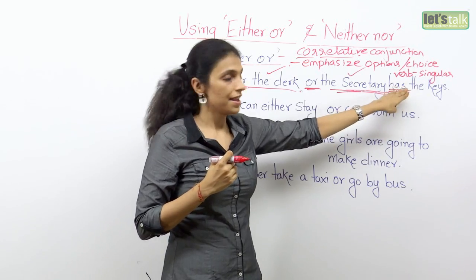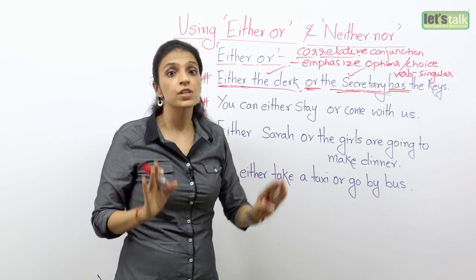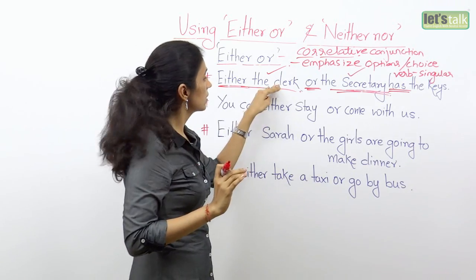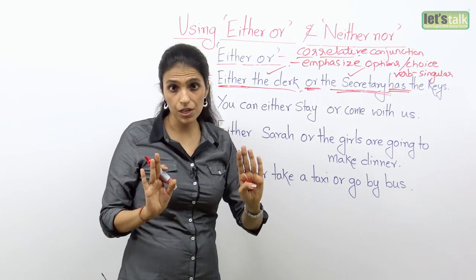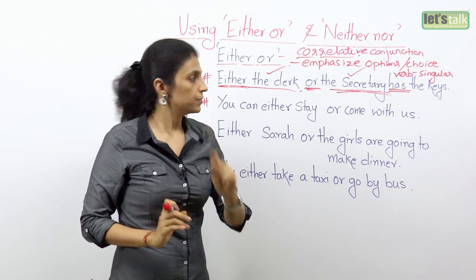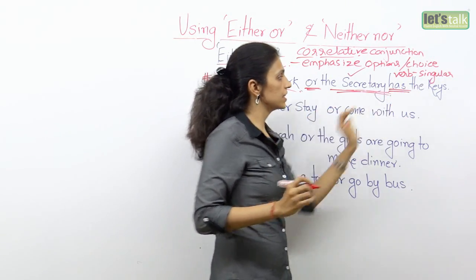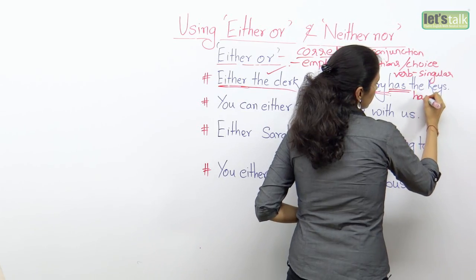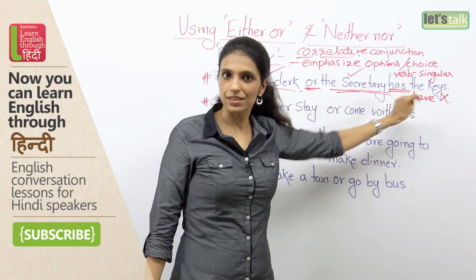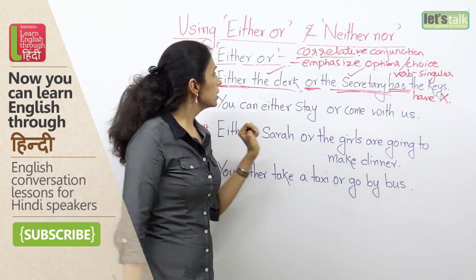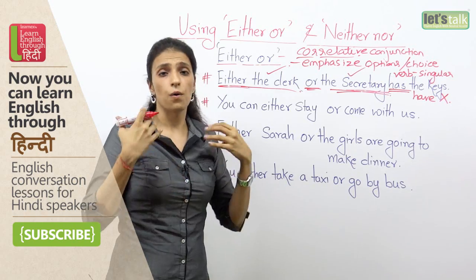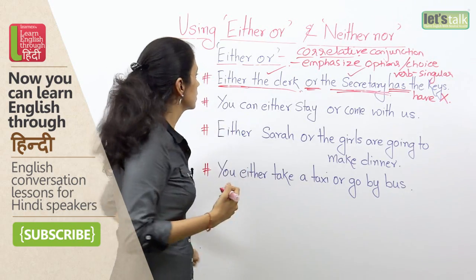So in this case, has. Please remember, do not use have, because I have not said the clerk and the secretary. No, I'm mentioning either of them, one of them. So one of them has the keys. If you use have, that is absolutely incorrect. So remember, either/or is used to give emphasis when you emphasize a choice or options, two options.